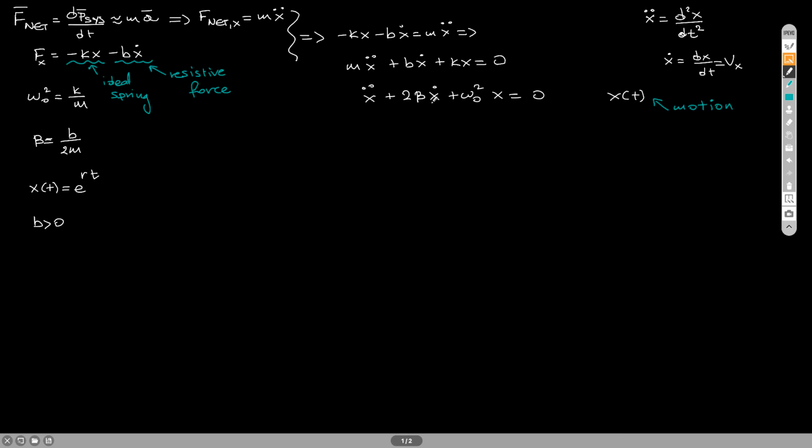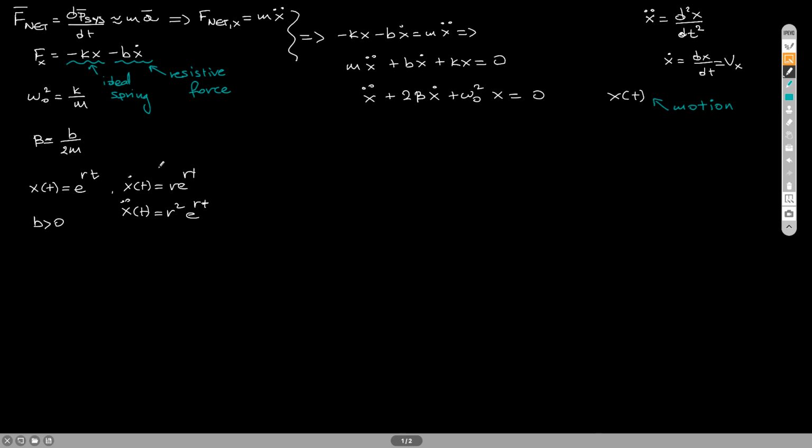So one thing that we can easily show is that e to the rt is actually a solution to this, and I can show you why. If x of t is e to the rt, then the first derivative of that will be r e to the rt, and the second derivative of this will be r squared e to the rt.